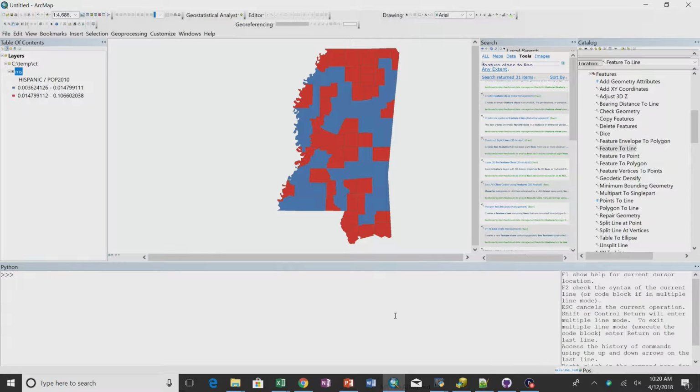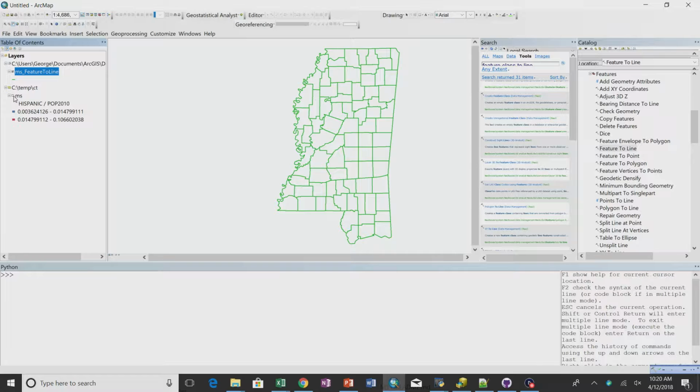It goes through and creates a line shapefile from my polygon shapefile. Turn it off, and it looks like that. My line shapefile. And the next thing I want to do is, and this is the part where you may think, why does that work?